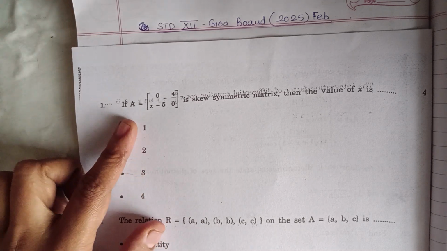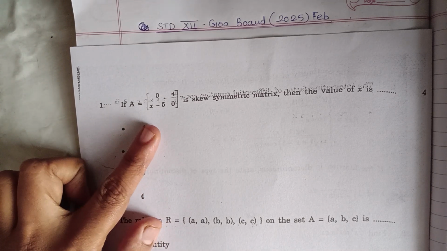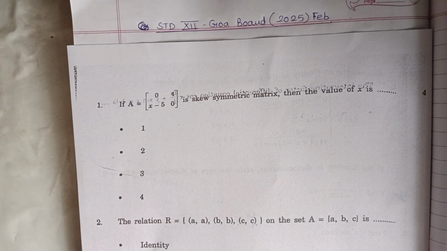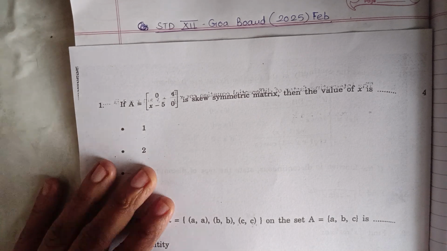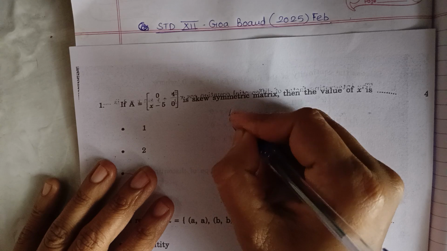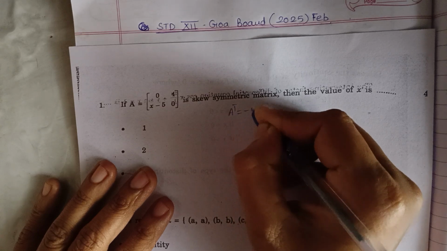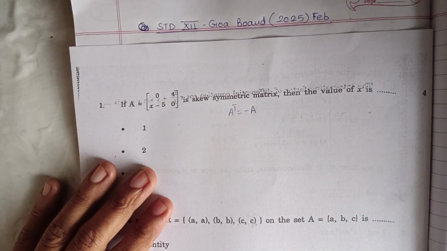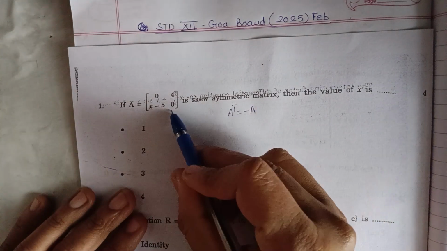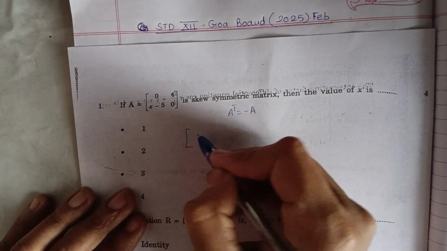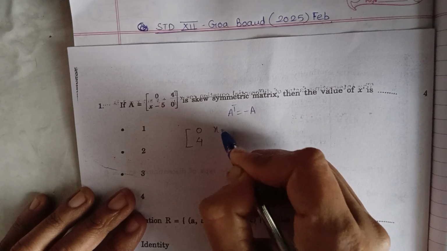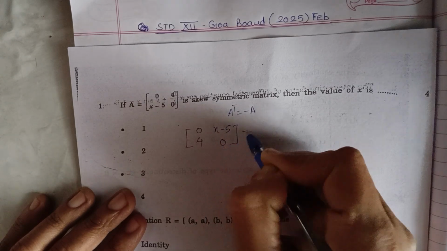So this is the question. If A is a matrix, and it's skew symmetric, then you have to find the value of x. So you have to write what a skew symmetric matrix is. When you get A transpose as minus A, correct? So write A transpose: A transpose is 0, 4, x, minus 5, 0.